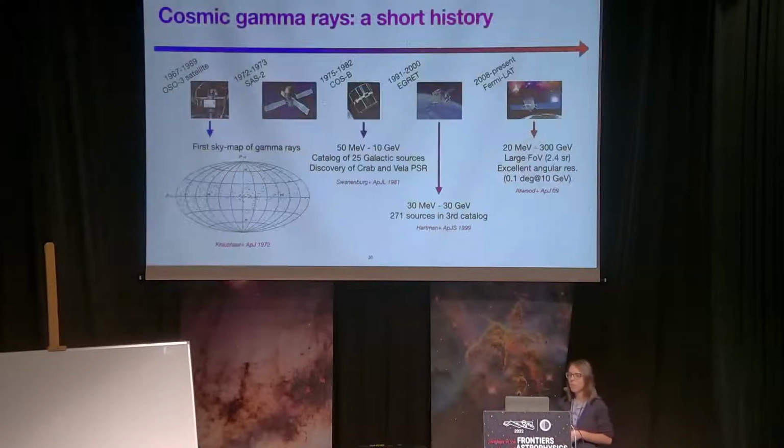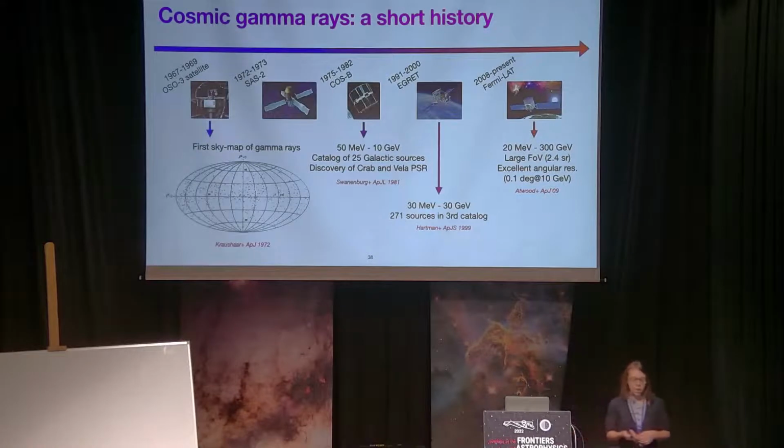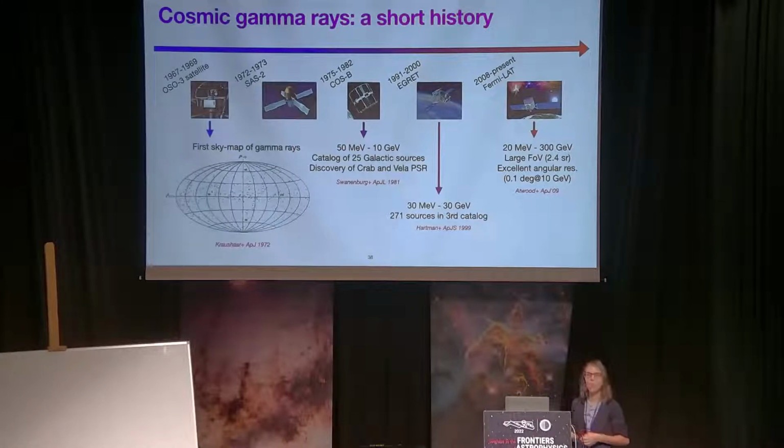So the story of cosmic gamma rays detected in space dates back to the end of the 70s, when the first telescopes on satellites were launched, and the first sky map ever taken of gamma rays in 72 with the OSO satellite. There were only 300 events. Now we have, I don't know, how many million events.